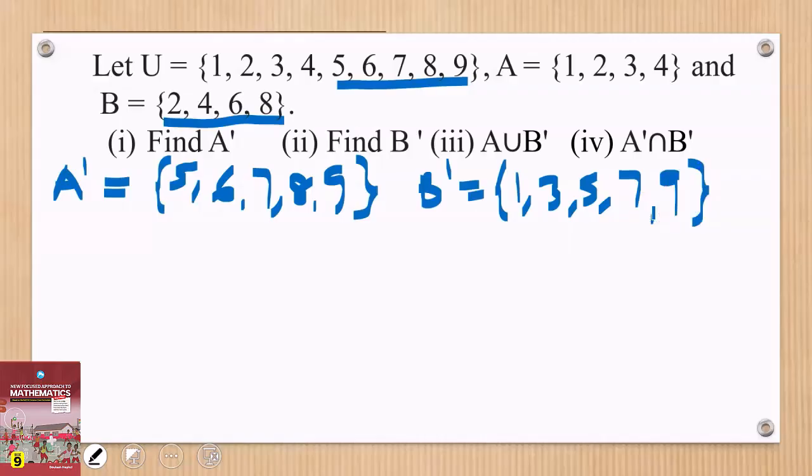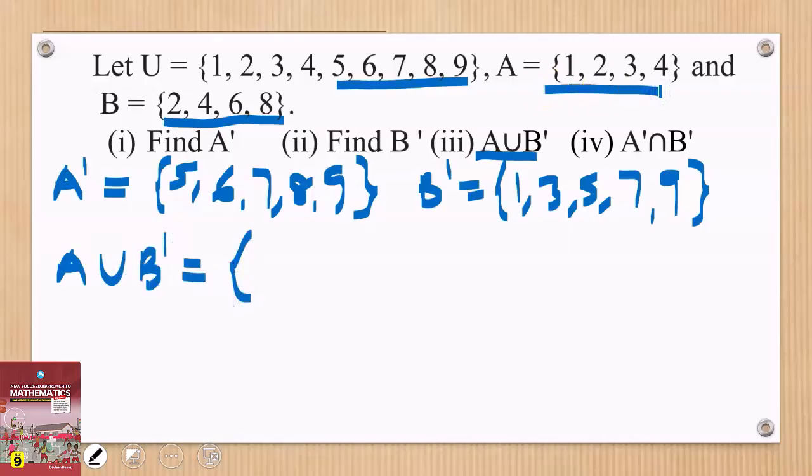And now the question wants us to find A union B complement. A union B complement will be, okay, A we know to be this, and union B complement means we write all the elements of A, 1, 2, 3, 4, and then B complement is this one. So 1 is already here, 3 is here, so 5, 7, and 9.